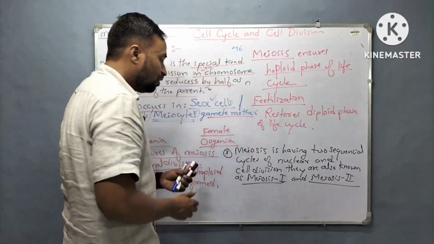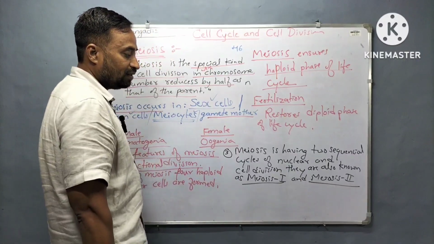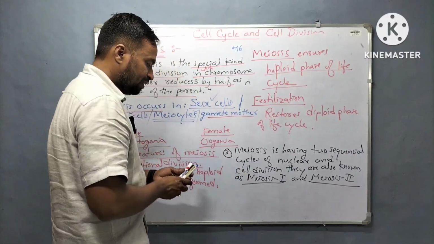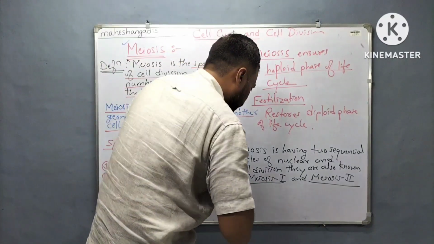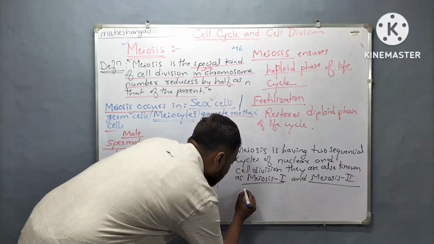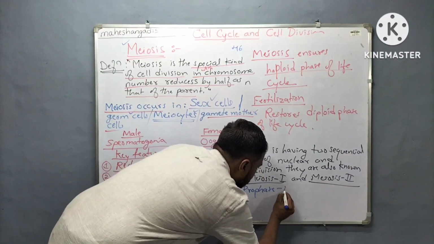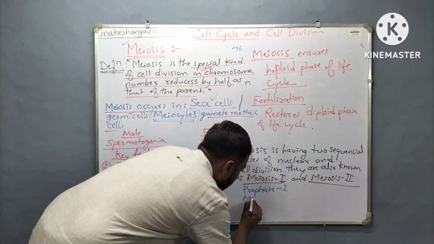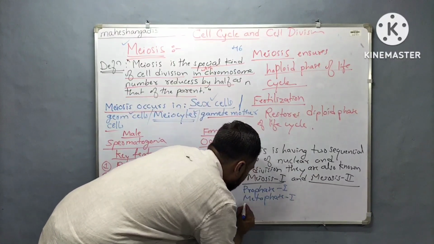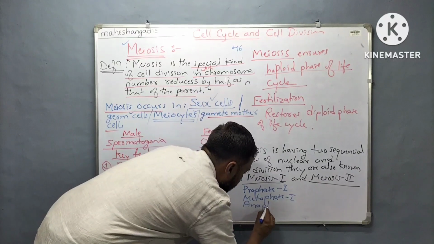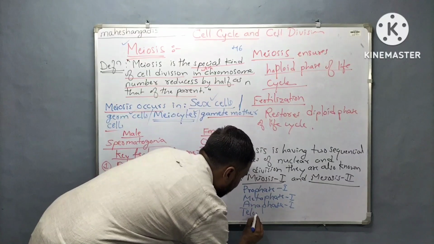In meiosis 1 also there is karyokinesis and cytokinesis, and karyokinesis is further divided into 4 phases: prophase 1, second metaphase 1, third anaphase 1, and lastly telophase 1.